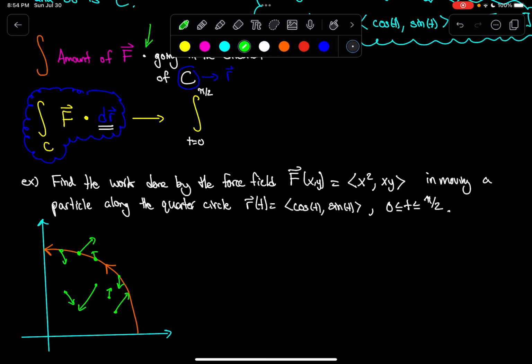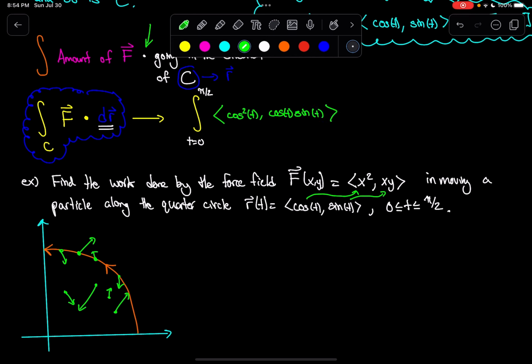We have our vector field, which is given by f of x, y, but per the last video, we know that we need to replace all those x's with cosine and all of those y's with sine. So I'm going to put my vector field in here, with cosine squared of t, comma, cosine of t, sine of t.